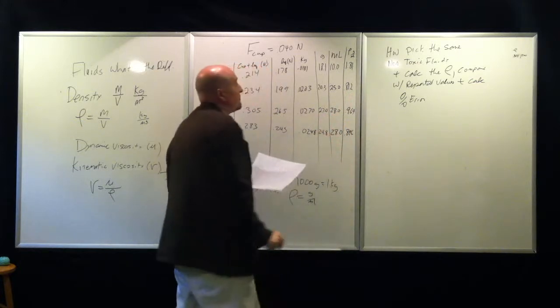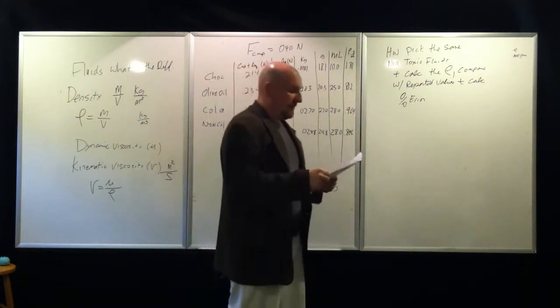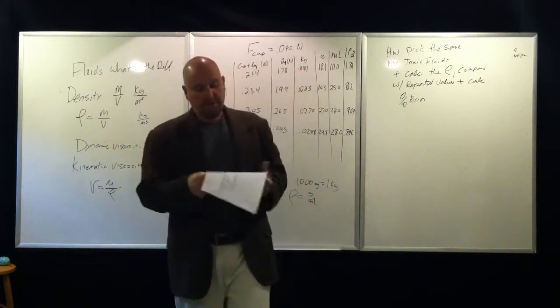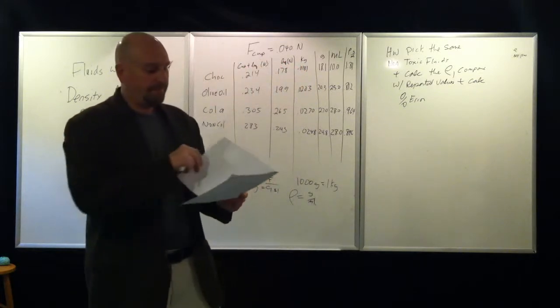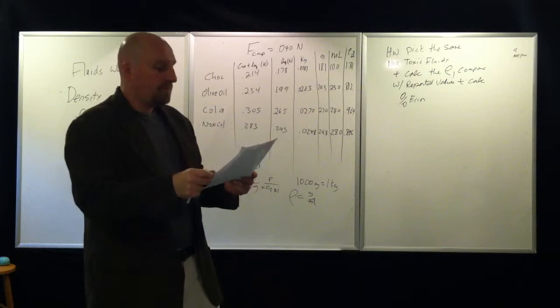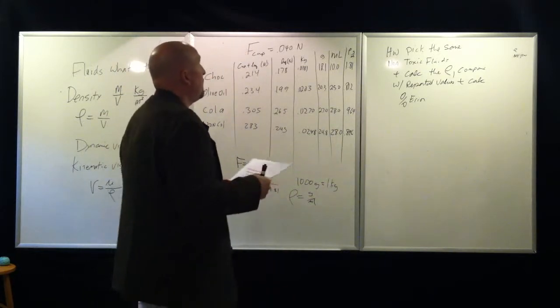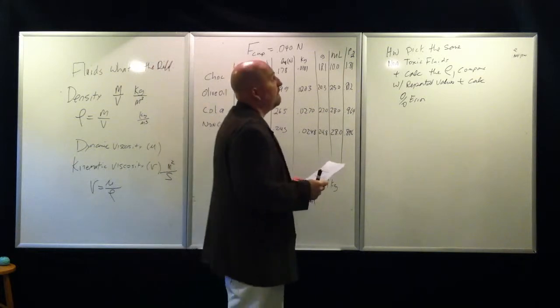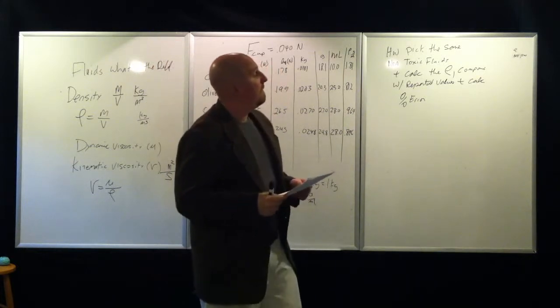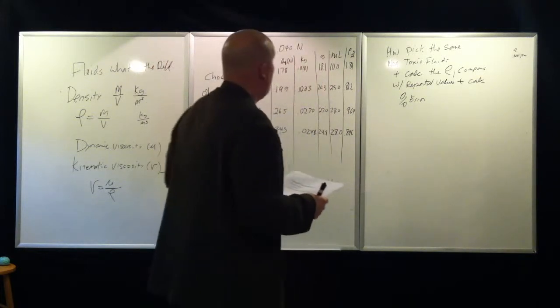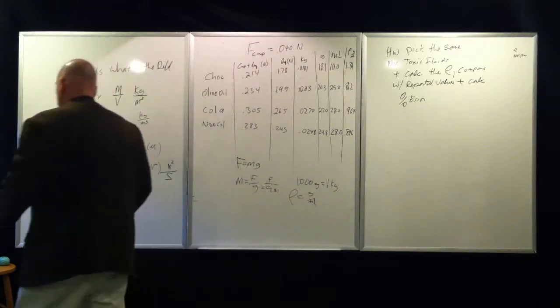Doing the division, that gives you the density in grams per milliliters. Okay.